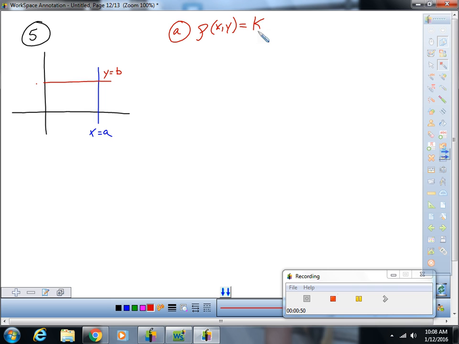So we should already know the mass of this thing. What is the mass? Yes, good. It's ABK. Does that make sense? I'm going to show you that the calculus supports that, okay?